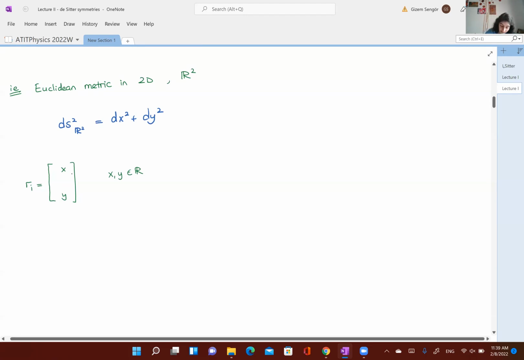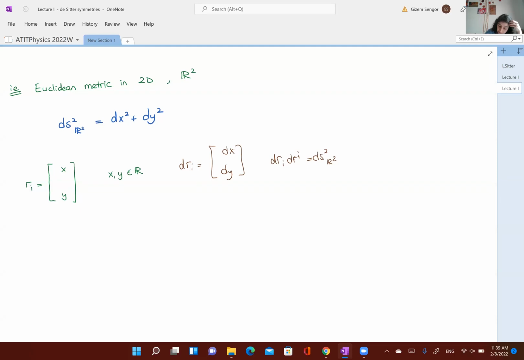So this metric is the length of the smallest distance. Now, what are the transformations I can do on the coordinates that will not change this?